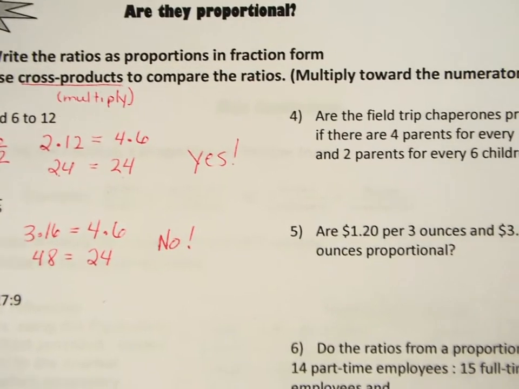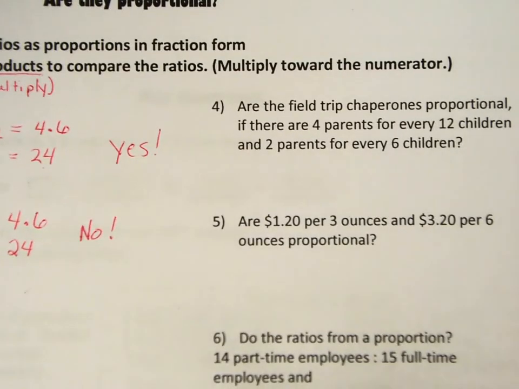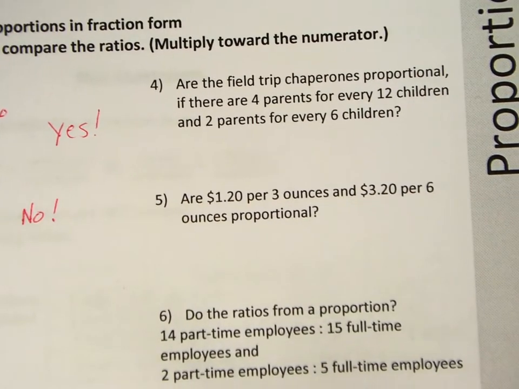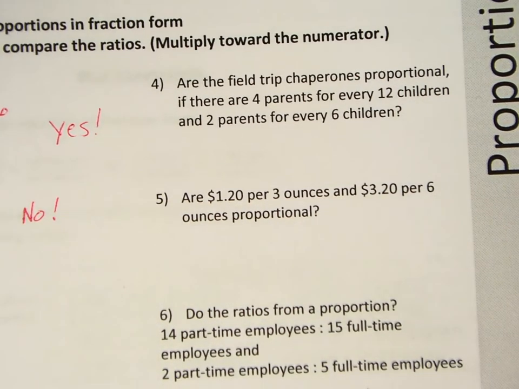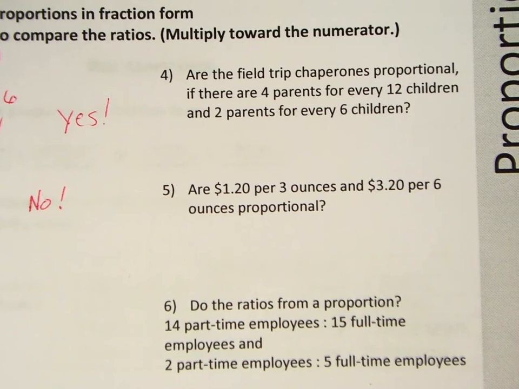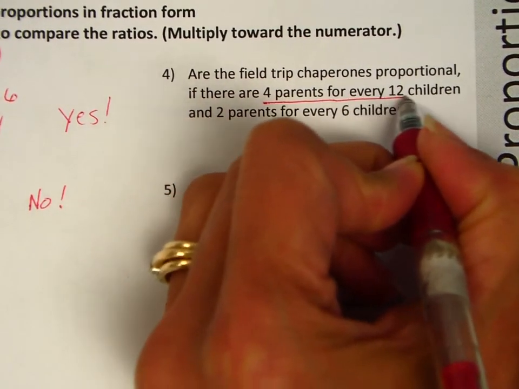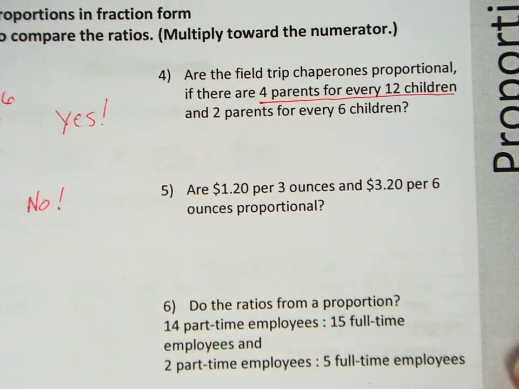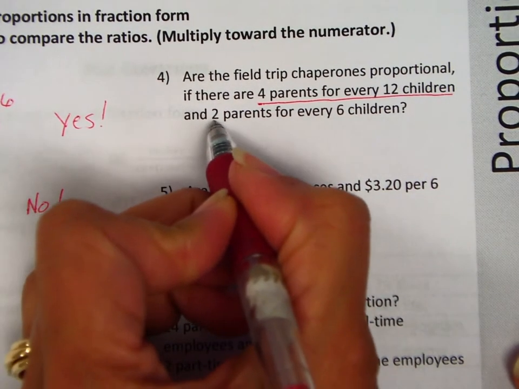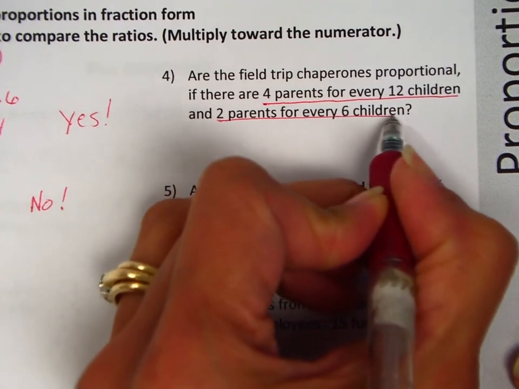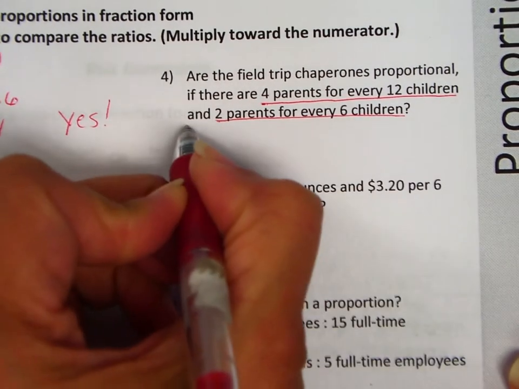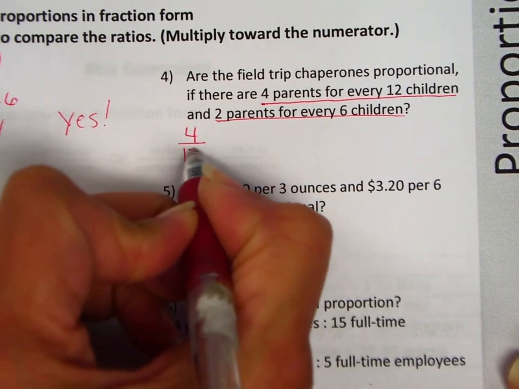So let's try it on word problems. Number 4 says we're going on a field trip with chaperones, and we want to know if the chaperone amounts are proportional. So first we have to figure out what our ratio is. What are we comparing? We are comparing parents to children. So our first ratio is 4 to 12.